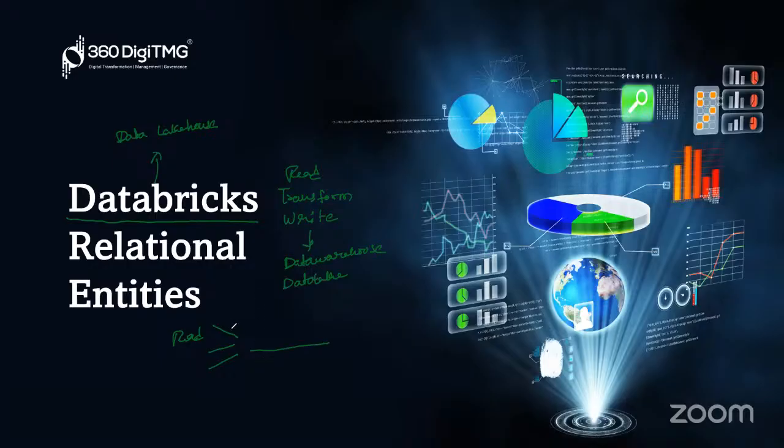If you want to save your data as it is in its raw format, in file format, you can do that. Files you can save. And you can also arrange your data into rows and columns like a data warehouse. That's why it's called a data lakehouse. And we refer to these tables as delta tables.